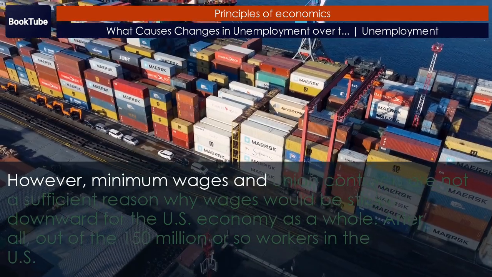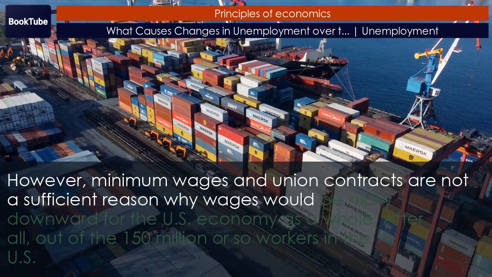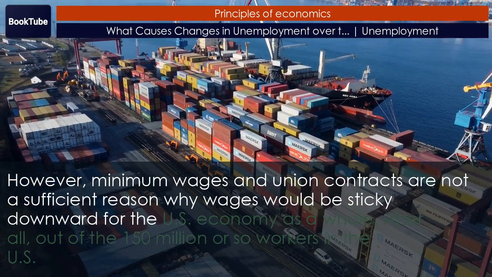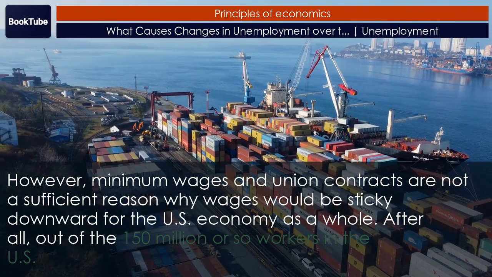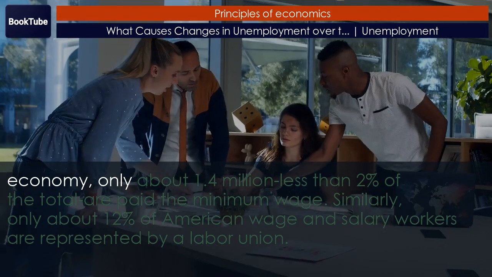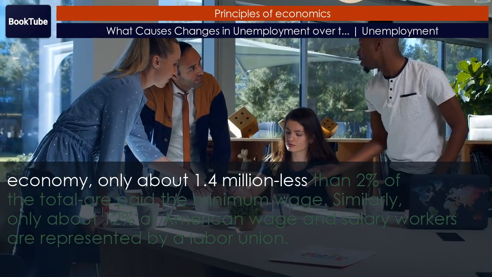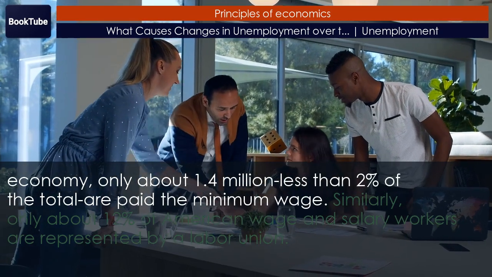However, minimum wages and union contracts are not a sufficient reason why wages would be sticky downward for the U.S. economy as a whole. After all, out of the 150 million or so workers in the U.S. economy, only about 1.4 million, less than 2% of the total, are paid the minimum wage.